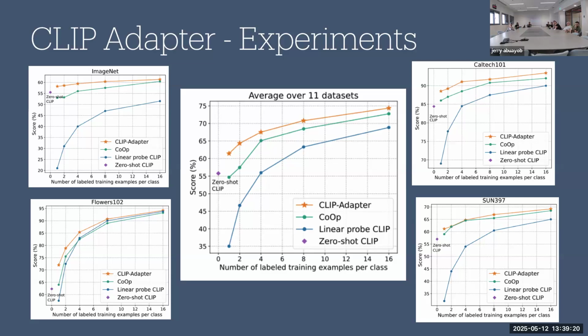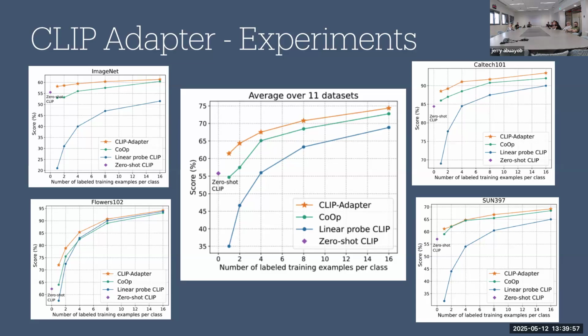CLIP Adapter outperforms the other 3 baselines that they use: zero-shot CLIP, linear probe CLIP, and CoOp that I explained before, and it improves upon all of them, even on different few-shot settings. Even under extreme conditions such as 1-shot or 2-shot, it even outperforms zero-shot CLIP, which we didn't have before.